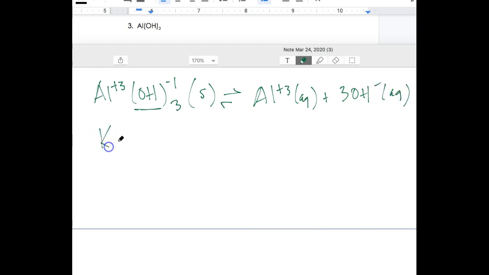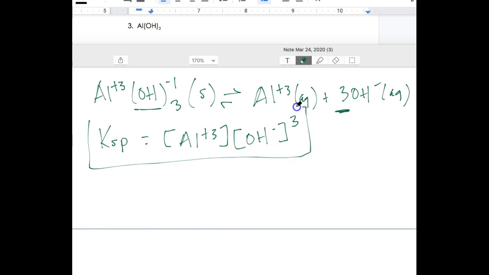And then when you solve for KSP, you're going to get a concentration of aluminum times concentration of hydroxide to the third power. Okay, so that is how we find the expressions for something that is dissolving.